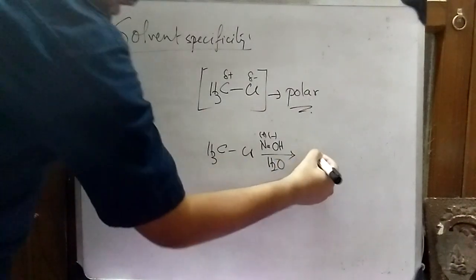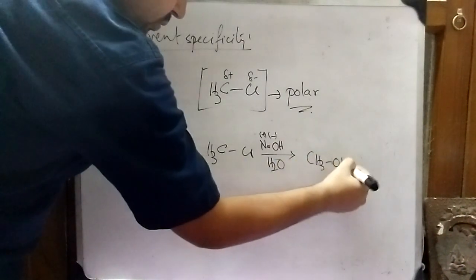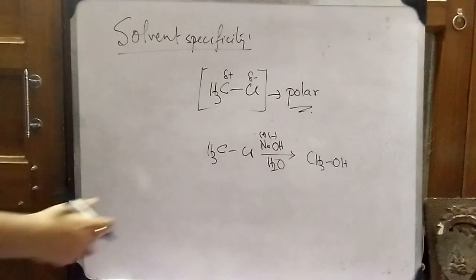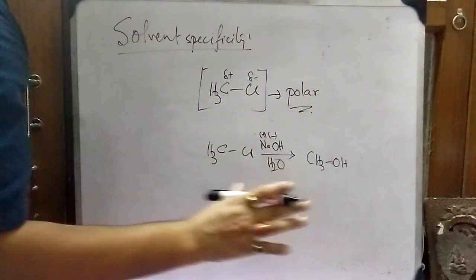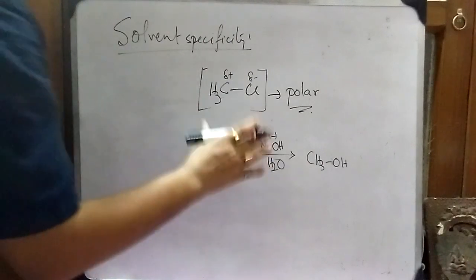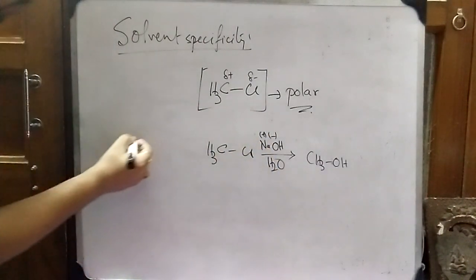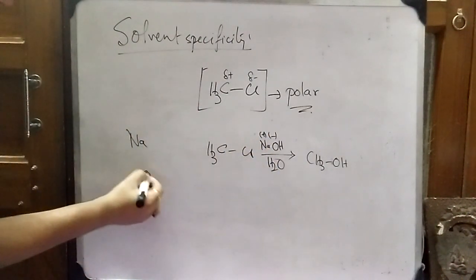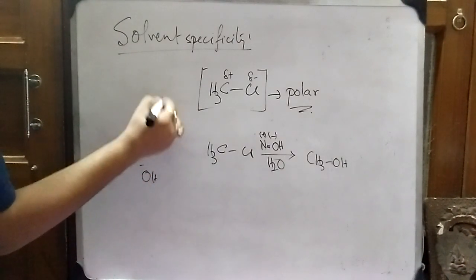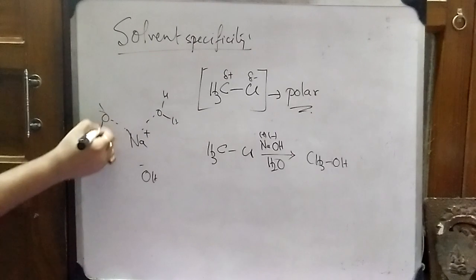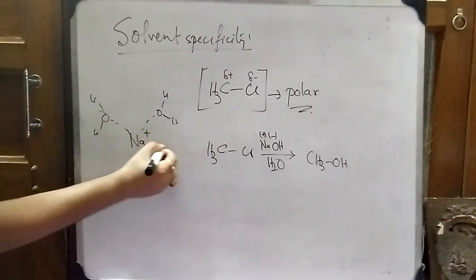So the reaction will give CH3OH. The reaction will go, there is no obligation about this, but what is happening here is that both Na plus and OH minus will be solvated with the, what?